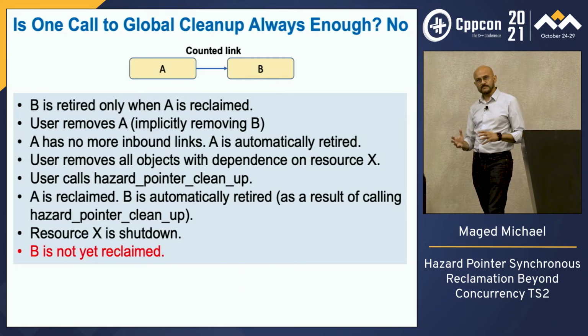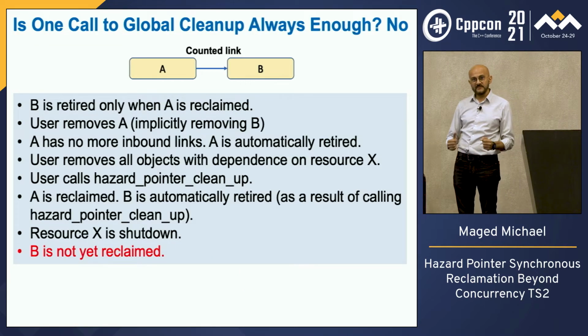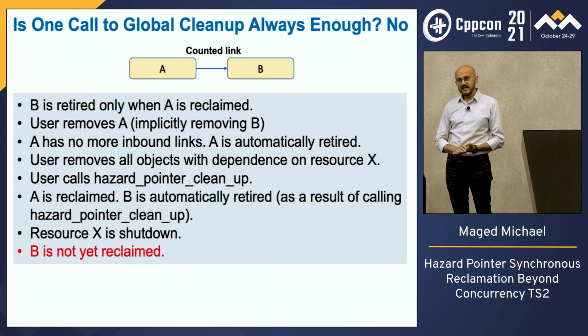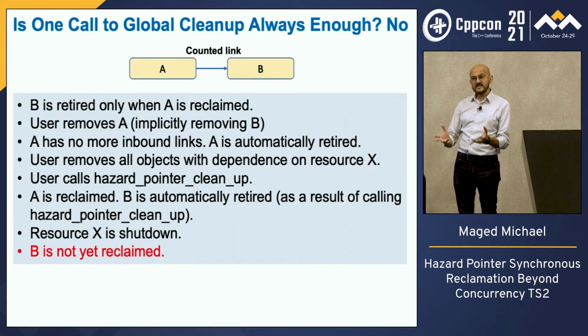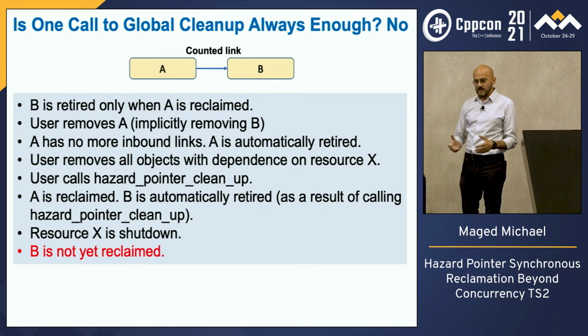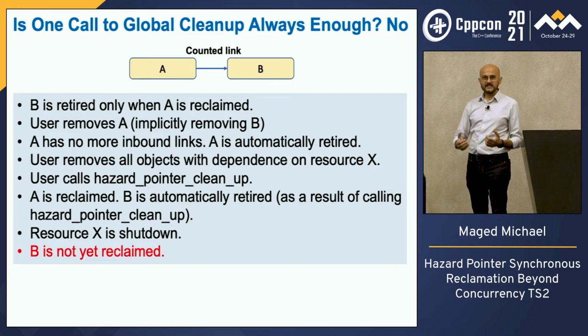Now let's inspect this interface even further and ask: is one call to global cleanup always enough? In this example, the answer is no. What if we have counted links? We don't retire automatically; we retire the object only when it has no more inbound links.